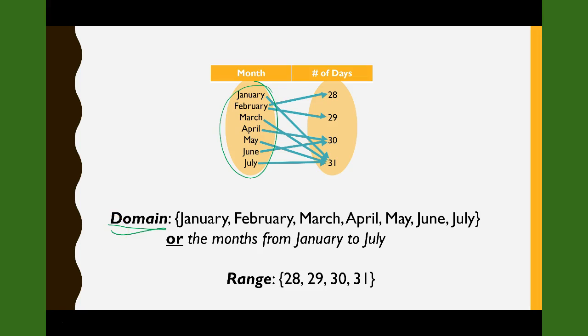We could also represent it by just saying the domain are the months from January to July. And our range, as you can see here on the right side, constitutes the numbers 28, 29, 30, and 31. So with the mapping, it's very straightforward. The left side, that's your domain. The right side, that's your range.